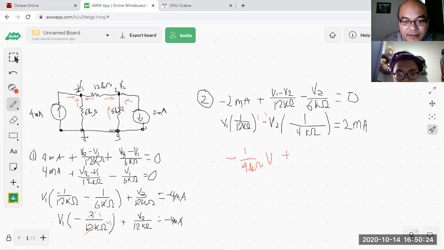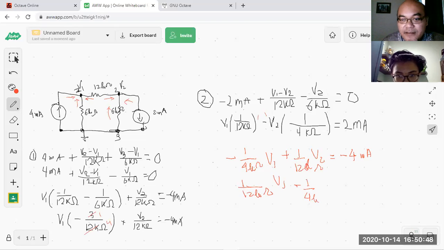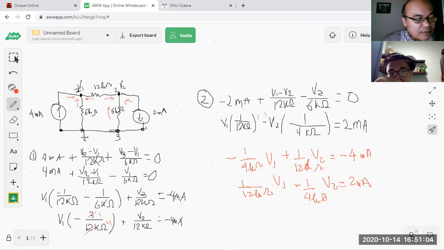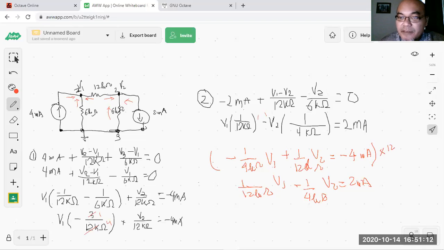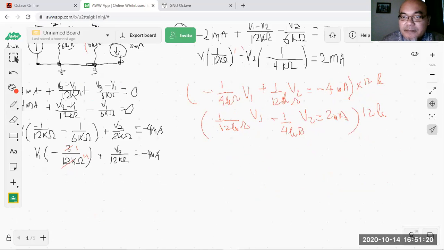V1 plus 1 over 12K V2 equals -4 milliampere. The second equation is 1 over 12K ohm V1 minus 1 over 4K V2 equals 2 milliampere. So we multiply everything with 12,000.